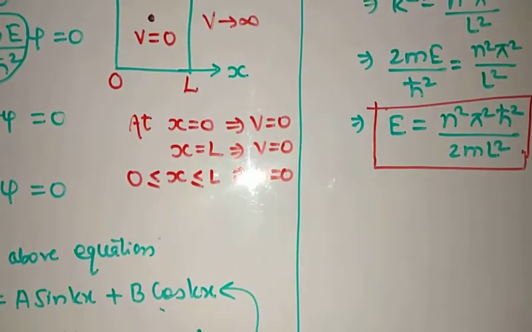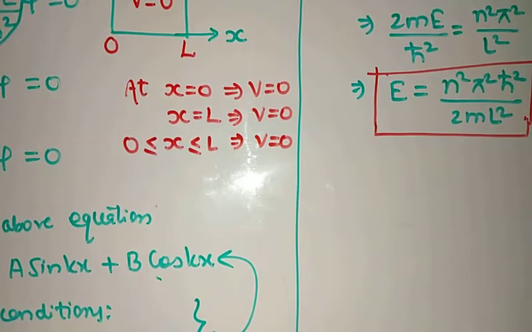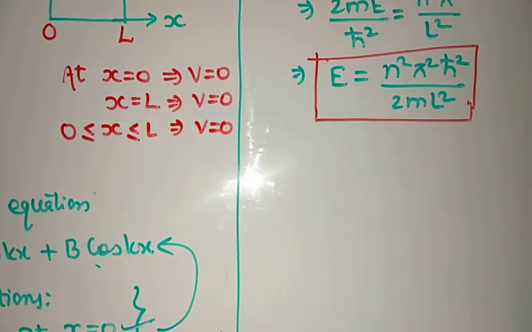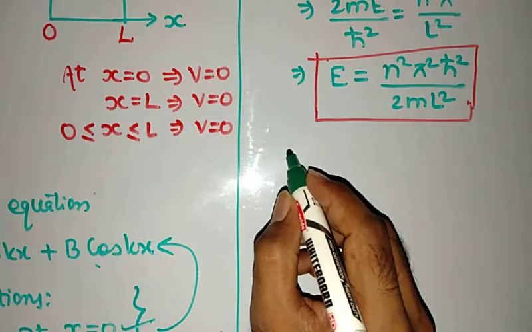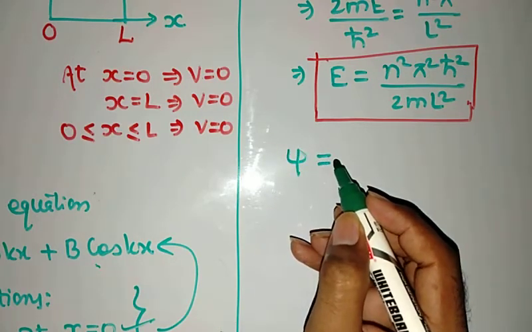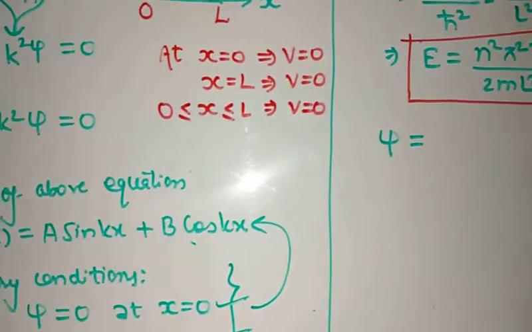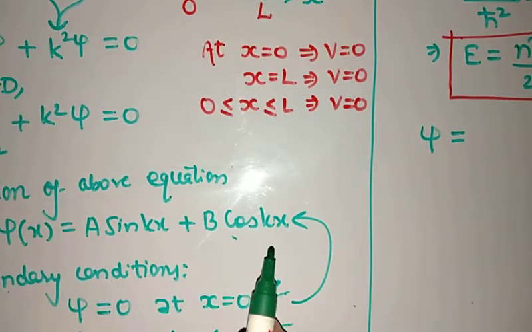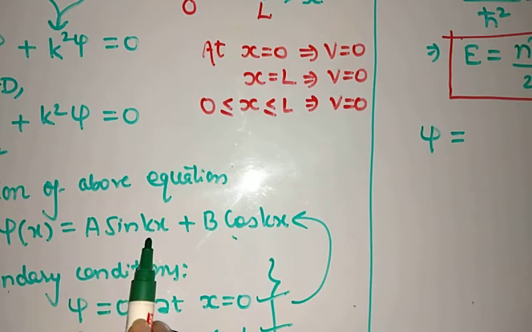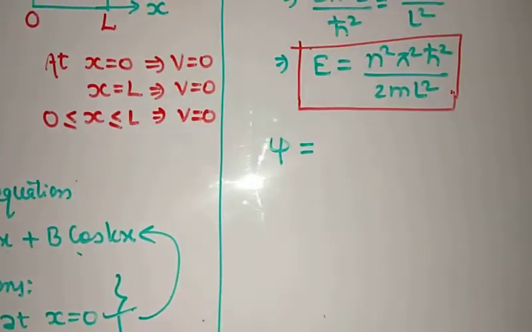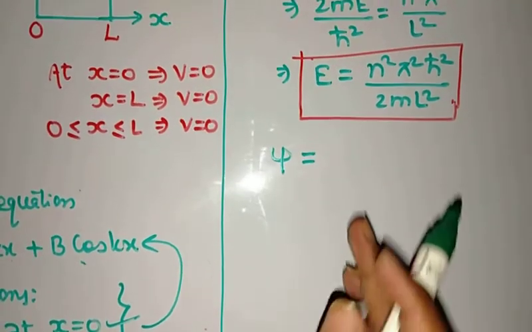Now we will proceed toward the wave function, because we have to find the wave function also. So use again psi is equal to, we are using this relation again. Since we have obtained the value of k, b is 0, it means psi will be a sin n pi by L into x, because k is equal to n pi by L. We have found here.